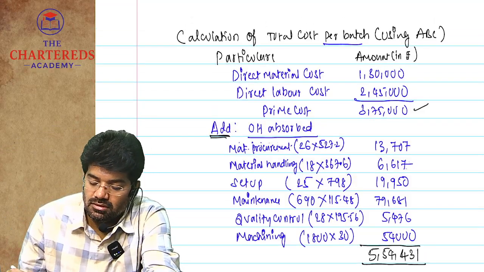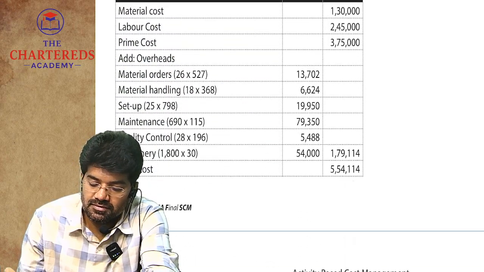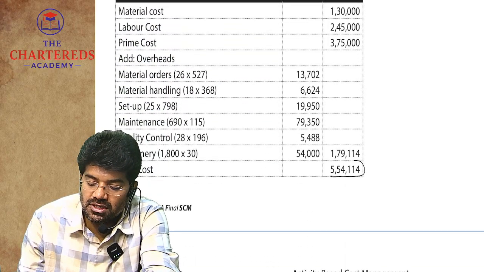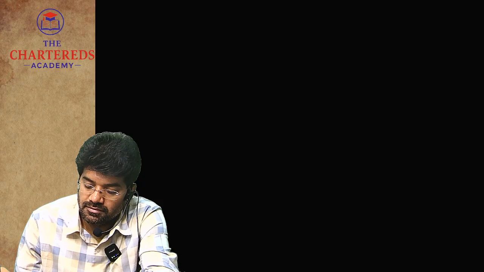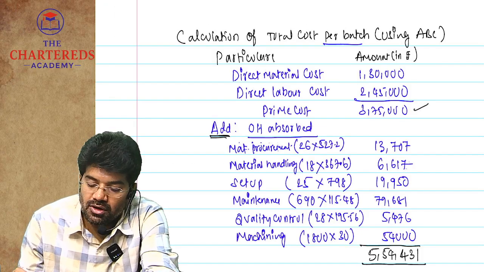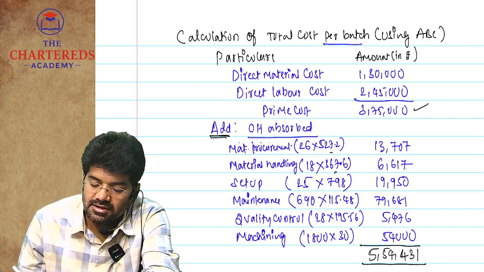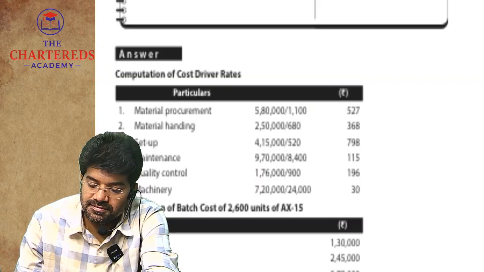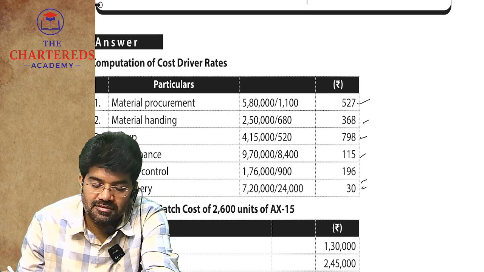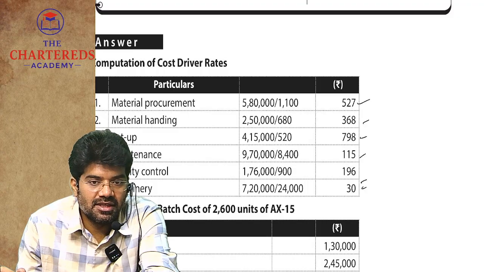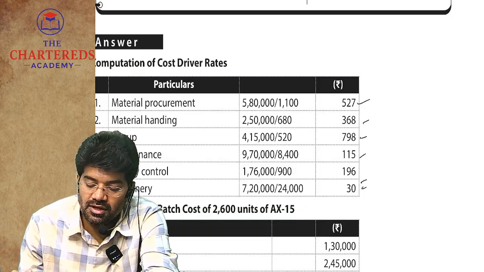The answer given by the institute is 5,54,114. The difference is all because of the rounding off we have done.